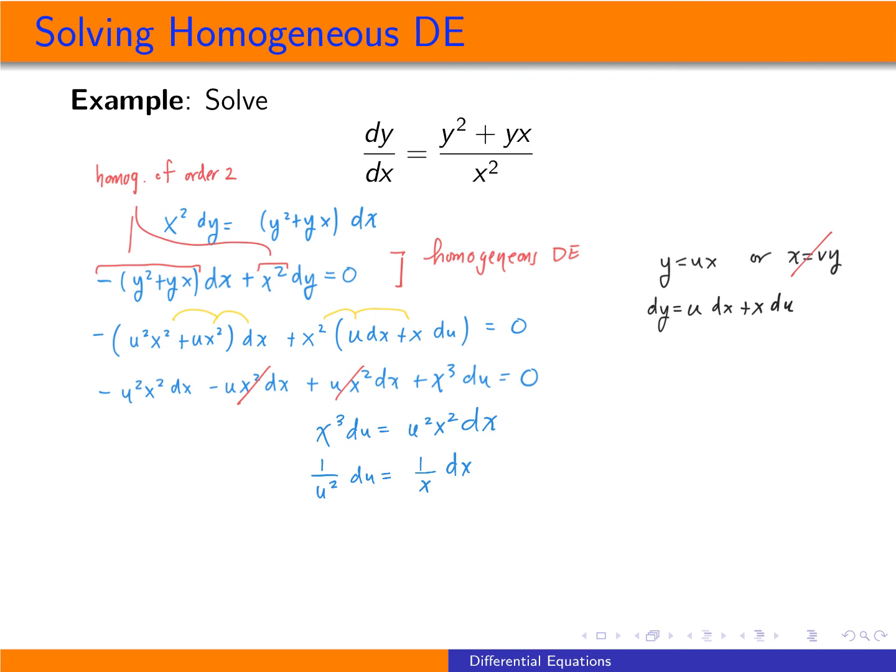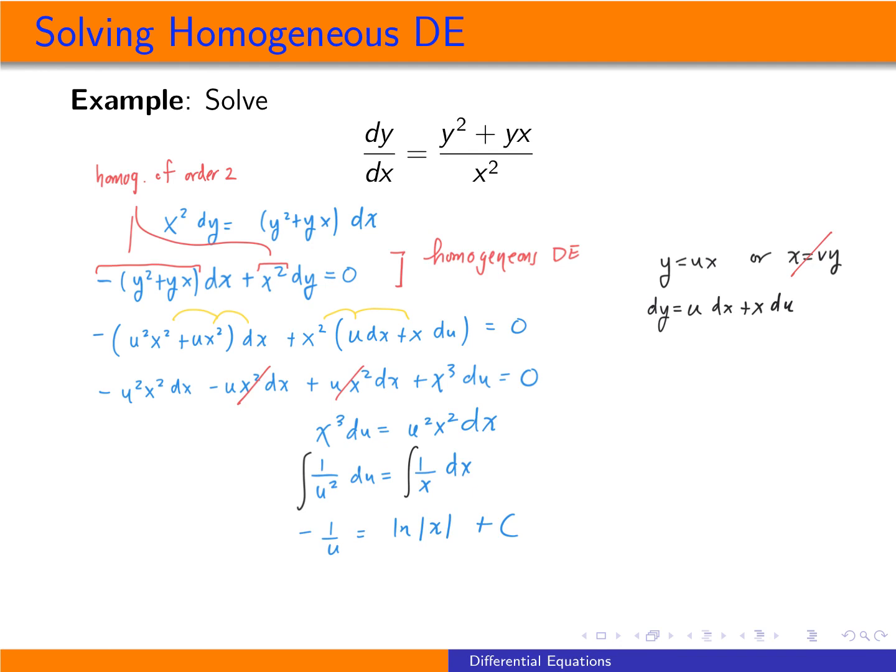And once it's separated, we solve it as a separable differential equation. That is to say we need to anti-differentiate both sides. On the left we have minus 1 over u. On the right, natural log absolute value of x. And we need to get that plus C in there.